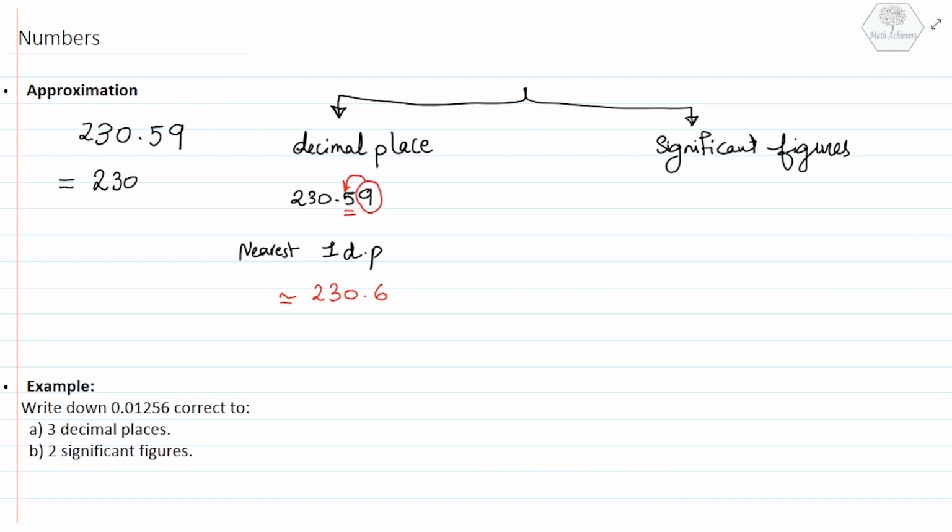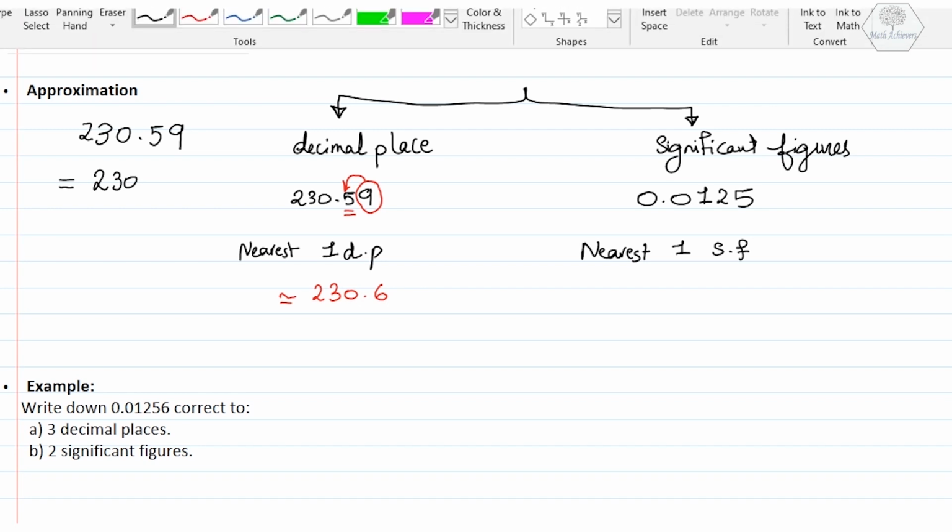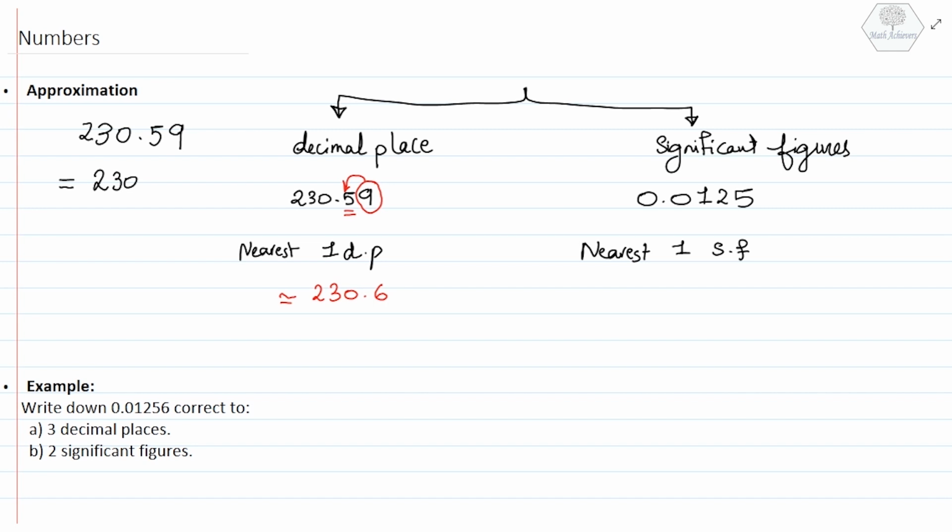Let's see what happens for the significant figures. For the significant figures, we start counting the digits that are not a 0. So let's round the number 0.0125 to one significant figure. Now I will start counting the numbers that are not 0.